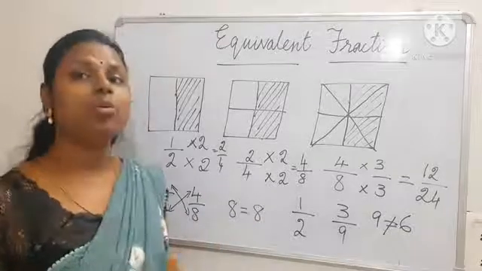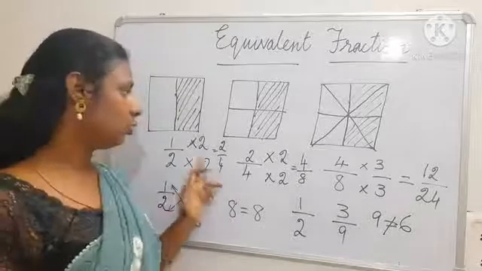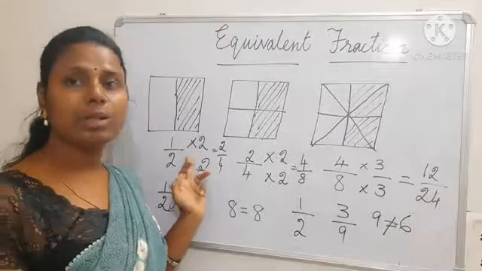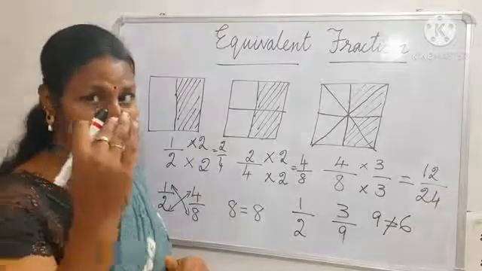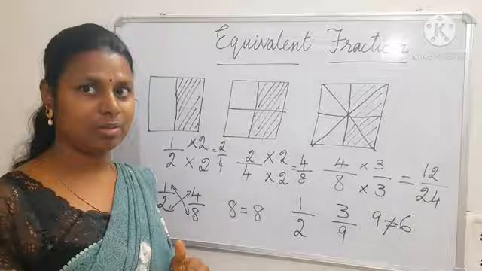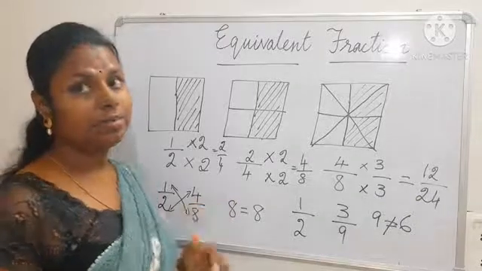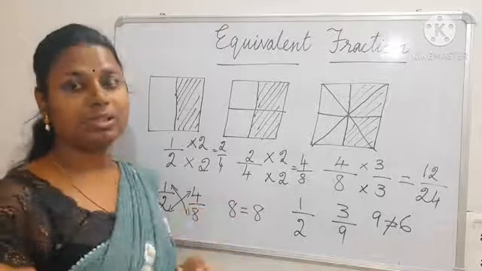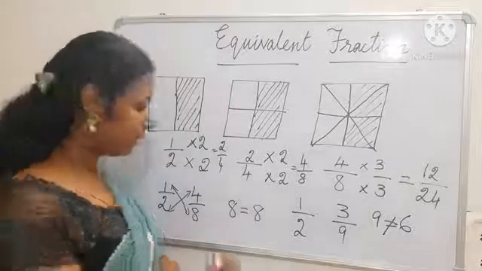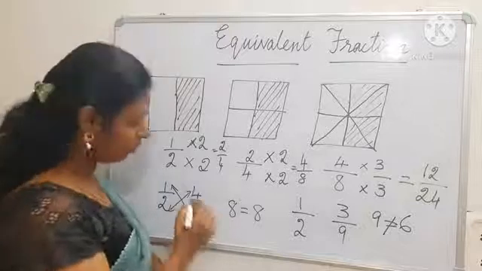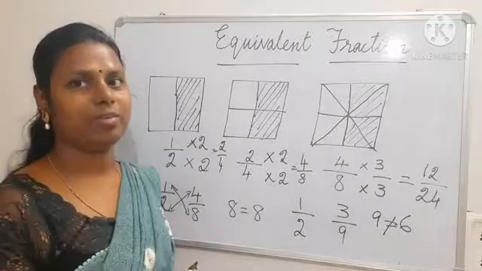Okay, when you have to find out another equivalent fraction for any fraction, you can multiply or divide the numerator and the denominator by the same number. You have to remember. Okay, and if they have given two fractions and you are going to find out whether they are equivalent fractions or not, then what are you supposed to do? You have to do cross multiplication, then easily you can identify.